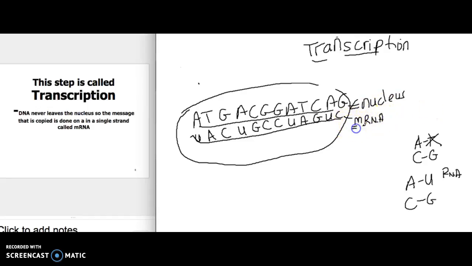M means messenger. So this messenger RNA will travel outside of the nucleus, and it will take that code to the ribosomes.